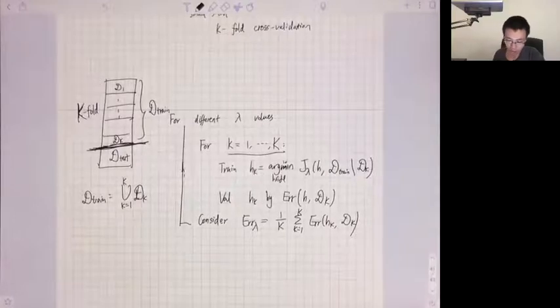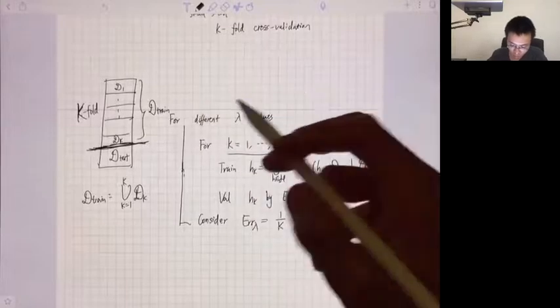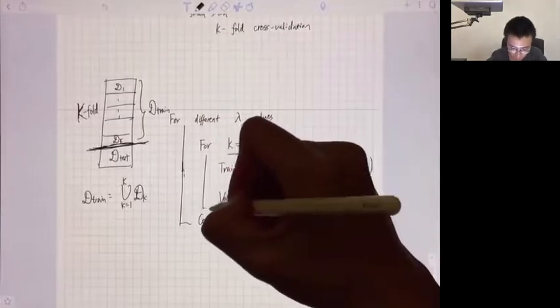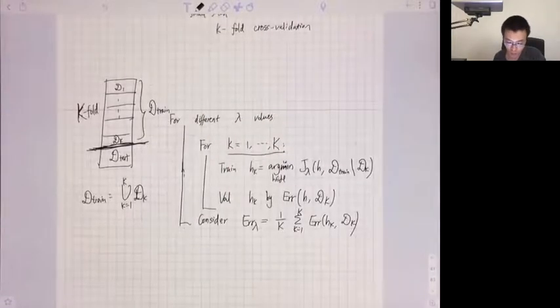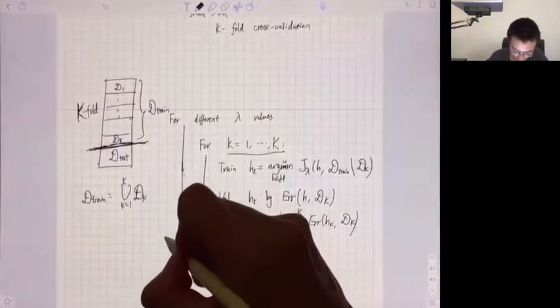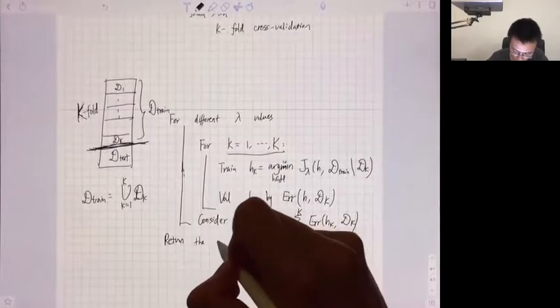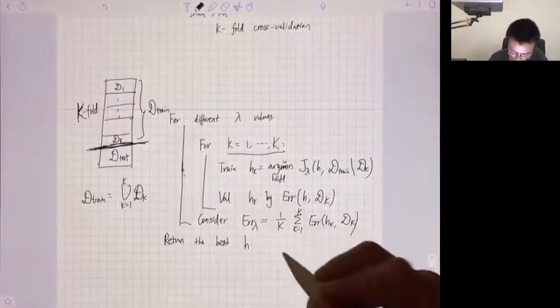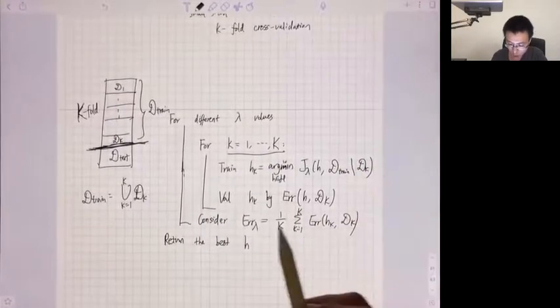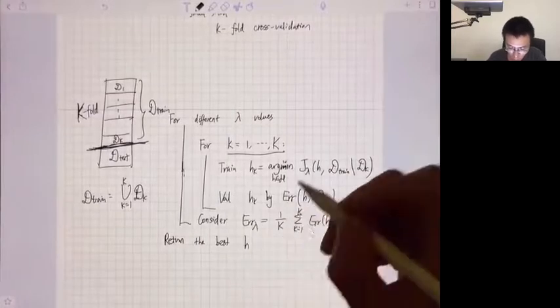So this is for here. Then return the best h, such that yields the best, oh sorry.